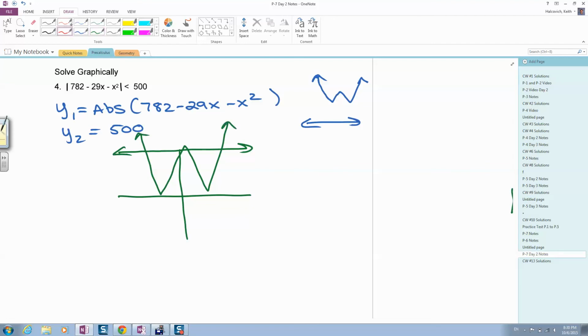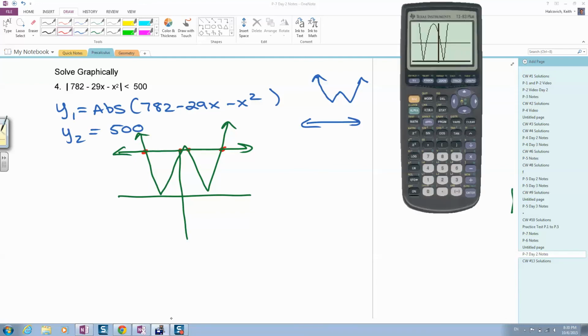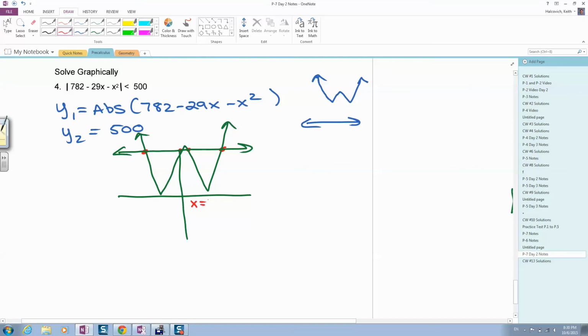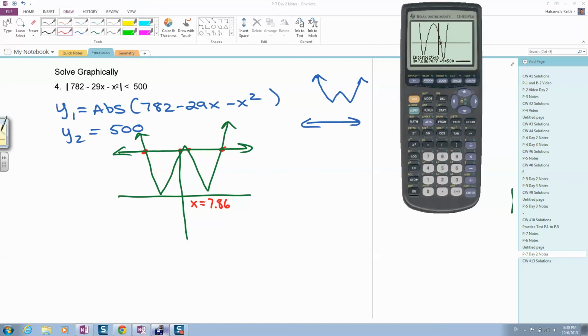So we have 4 intersections. So you gotta find them. 7.6867.